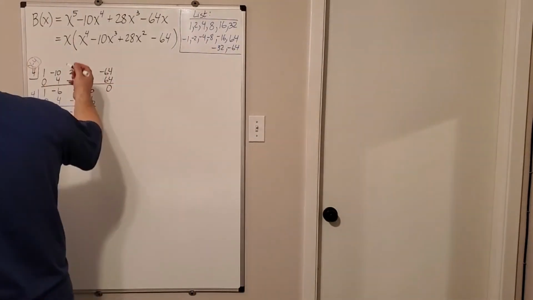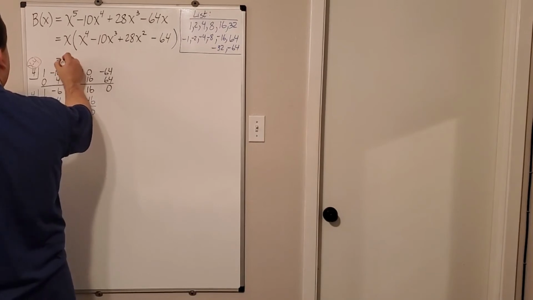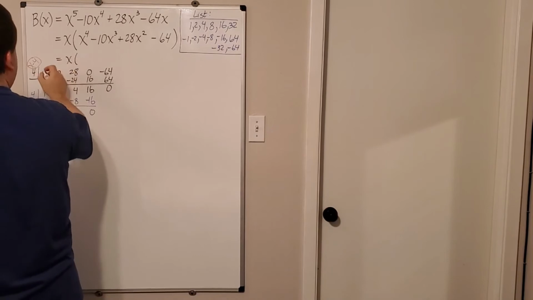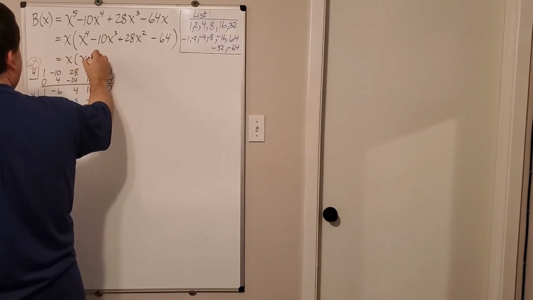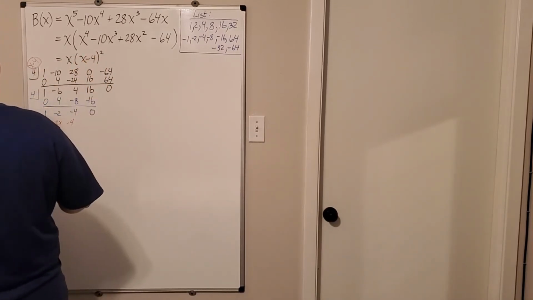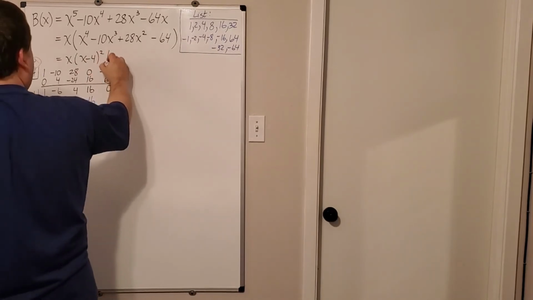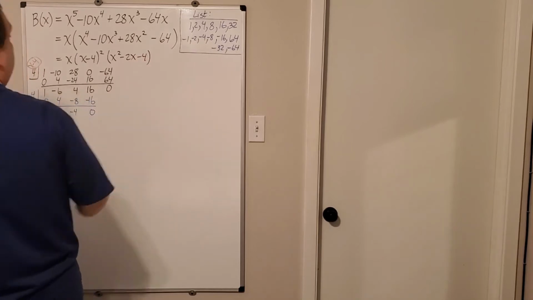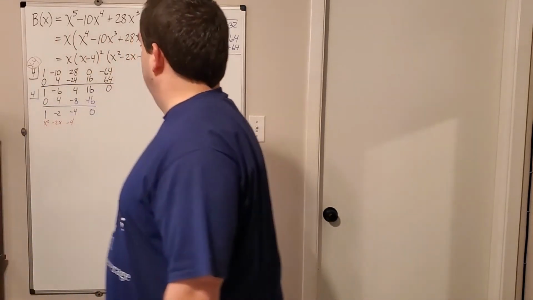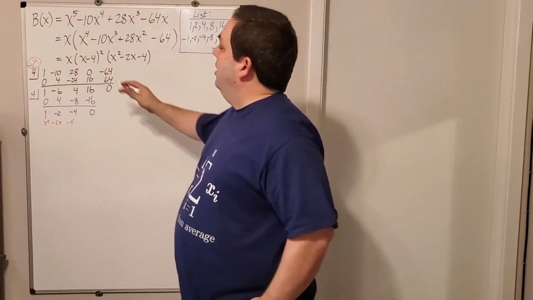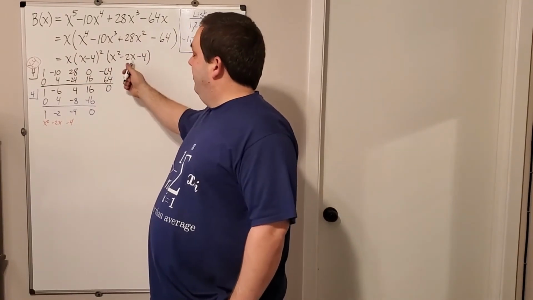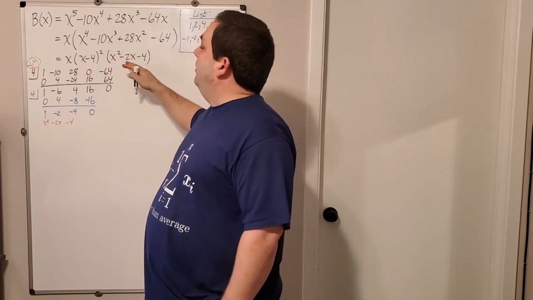Okay, so let's write down our full factorization here as far as whole numbers go. I've got x, I've got x minus 4 squared, and I've got this piece right here, which is x squared minus 2x minus 4 left over. So that's where I'm at with just the factorizations. If I'm talking about just factoring, I have to stop here.